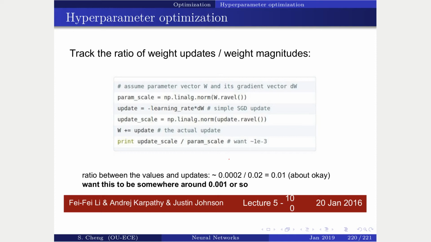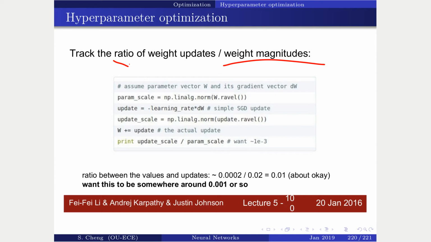Another thing is, besides checking the absolute magnitude changes of those weights, oftentimes it's useful to check the ratio as well, basically to see what percentage of your weights change, in terms of magnitude.